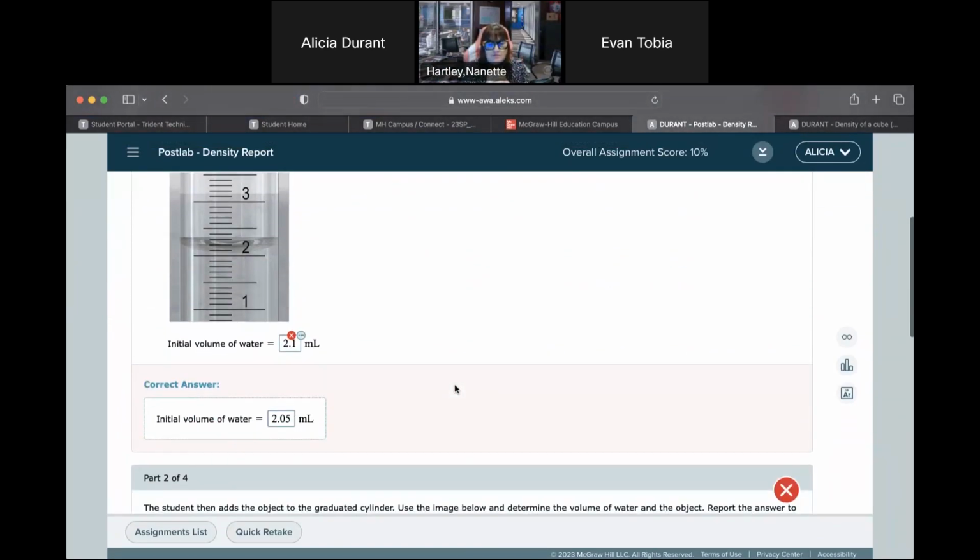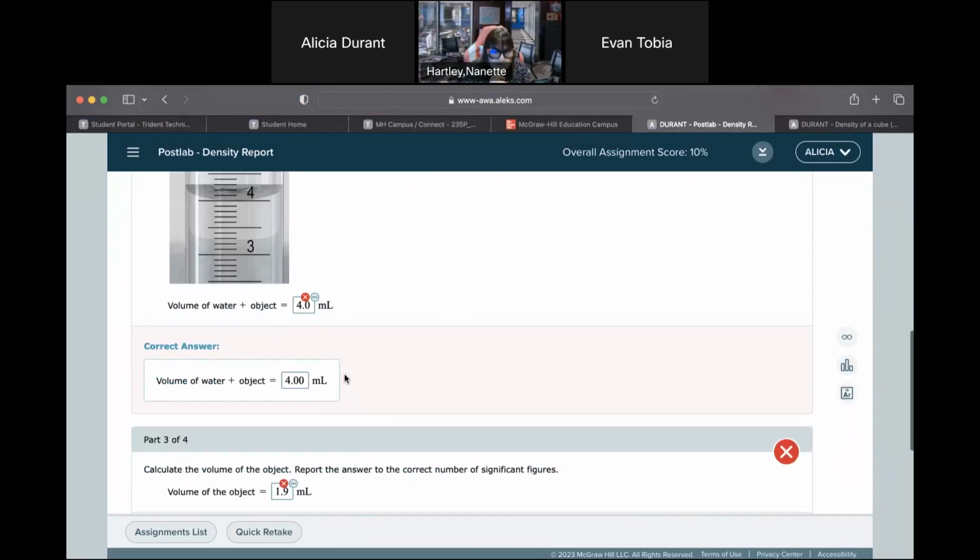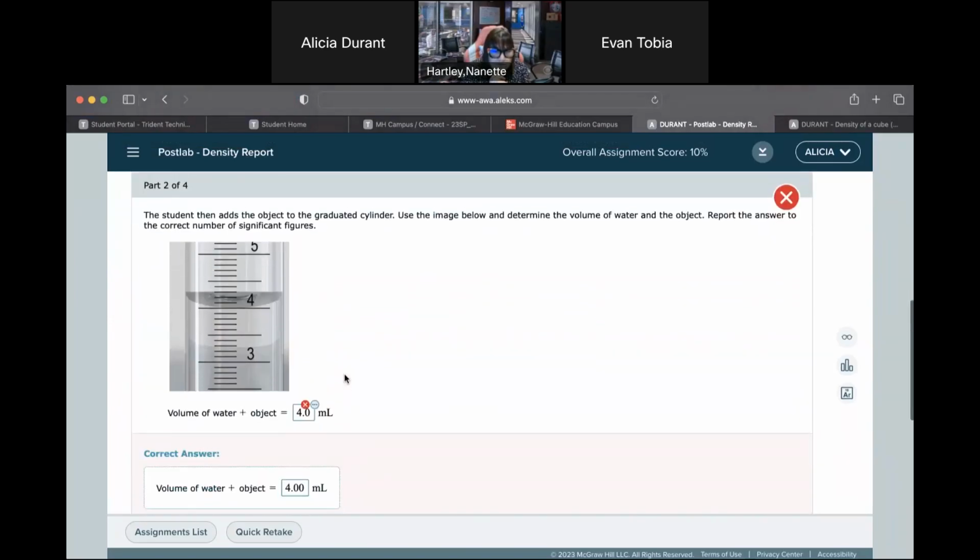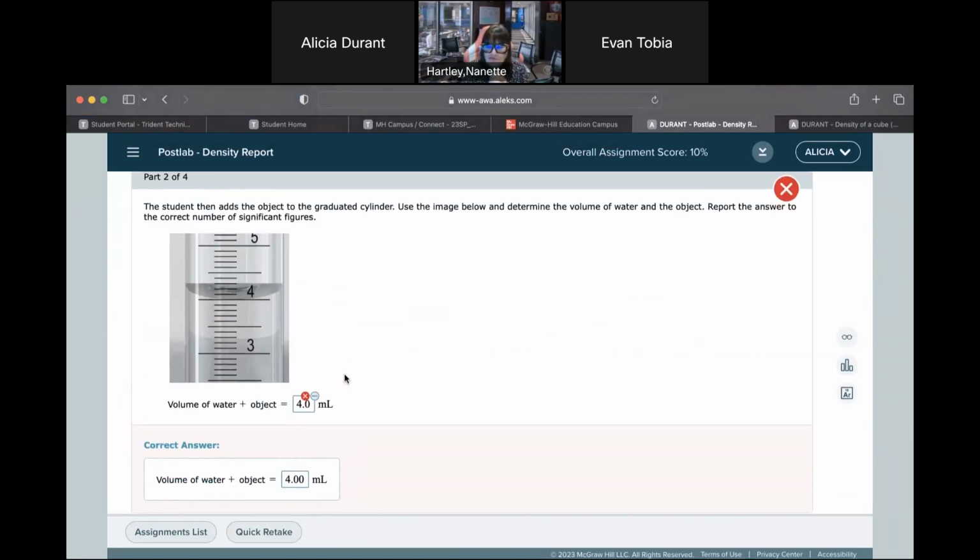Okay. See, I put 2.05 for the initial because I thought the given was 2.1. I thought it went up from 0.05 to 2.1, if that makes sense. What does it say for initial volume of water? I put 2.1. Oh, that's the correct answer. Okay. So then the volume of the water plus, oh, that's a sig fig issue. See, that's just a sig fig issue.